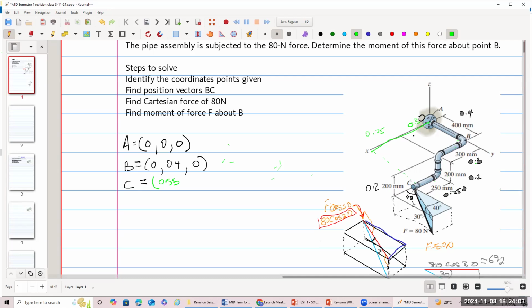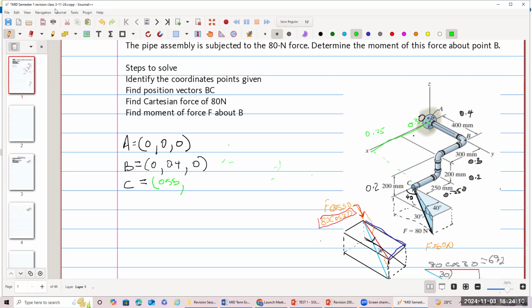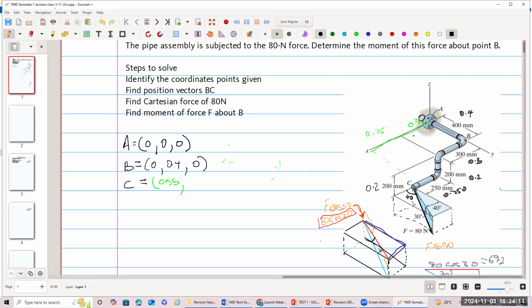Everybody agree with that? Yes, good. Right? And then let's put it back in black. Black color. All right. And so that is 0.55, right?